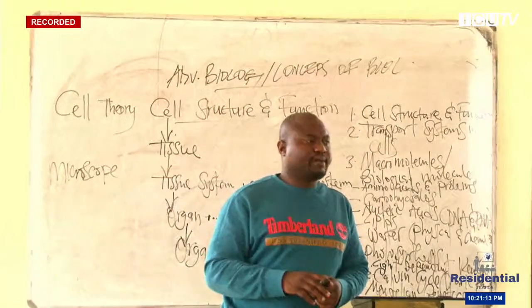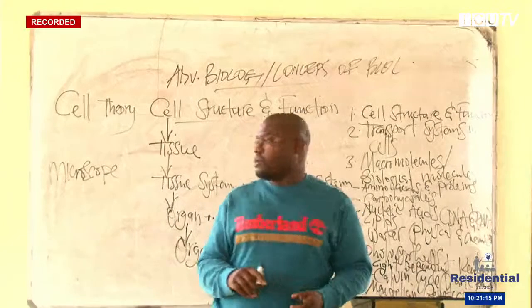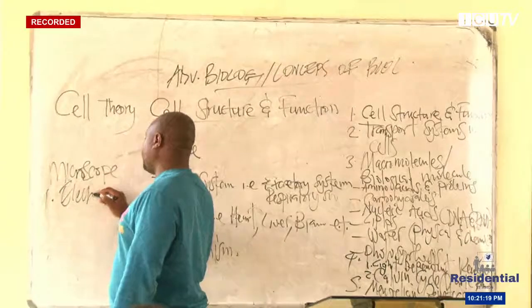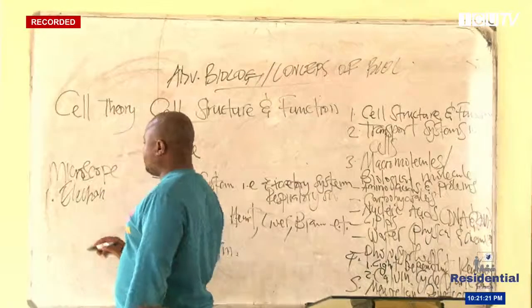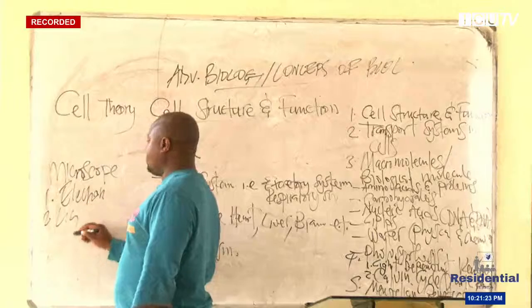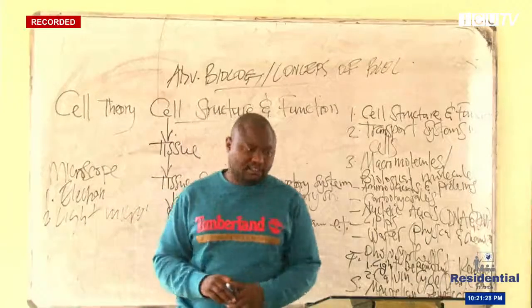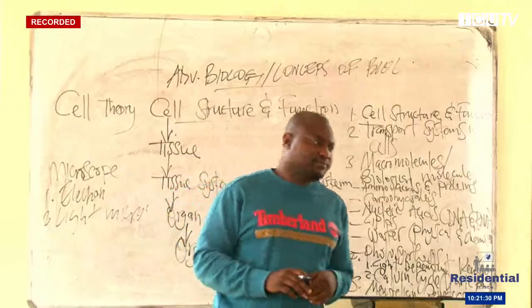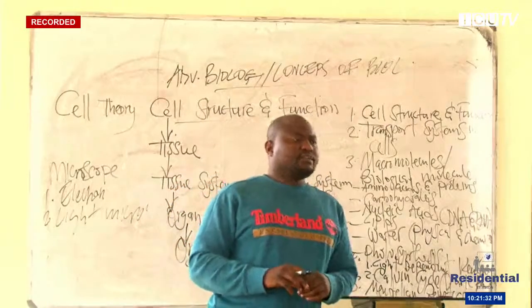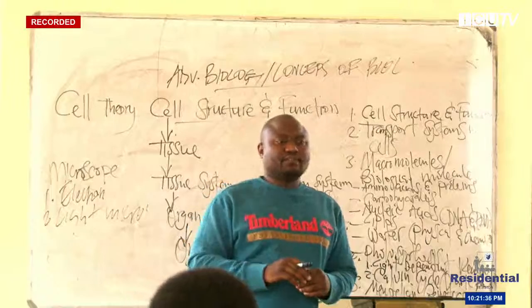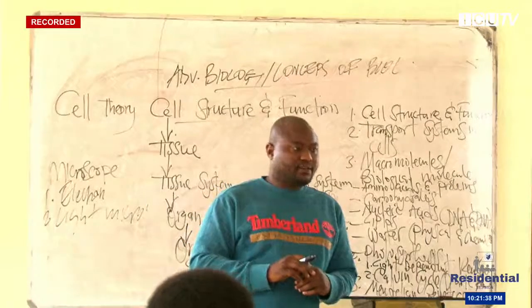The most prominent microscopes, there are 2. There's the electron microscope and the light microscope. Okay? Now, we need to understand the difference between the 2 microscopes. An electron microscope is an instrument that uses a beam of electrons in order to magnify the specimen.